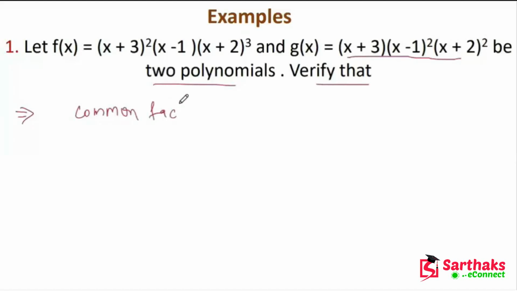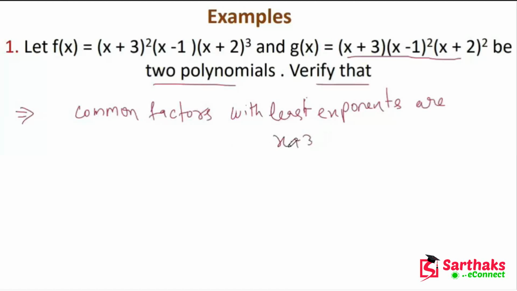The common factors with the least exponents are: first is x plus 3, second is x minus 1, and third is x plus 2. I hope you get this point.